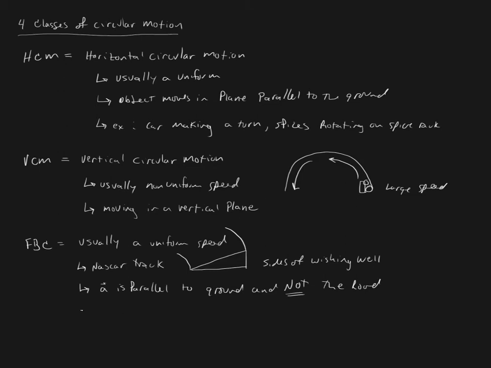Now, the frictionless banked curve is not really a particularly useful study in circular motion, with one glaring exception, in that this is the special case in order to find the critical value for a car which is going around a banked curve where friction exists. And again, we'll talk about this more later, but this is a special case.